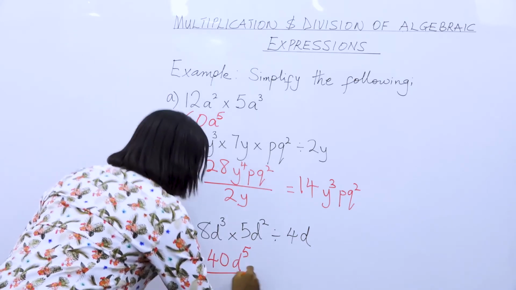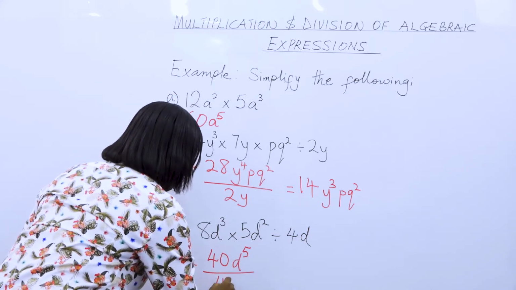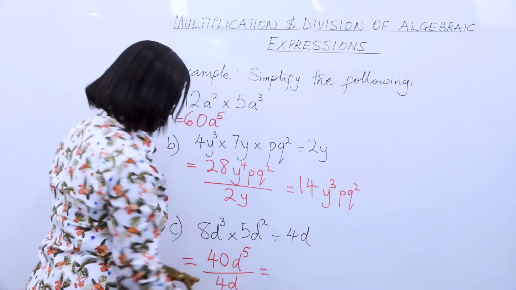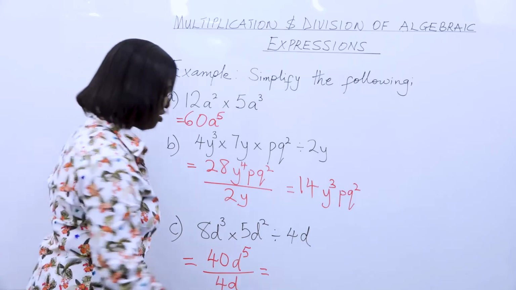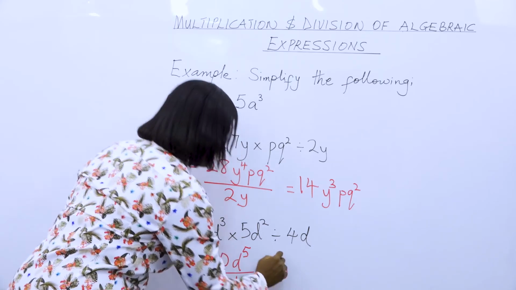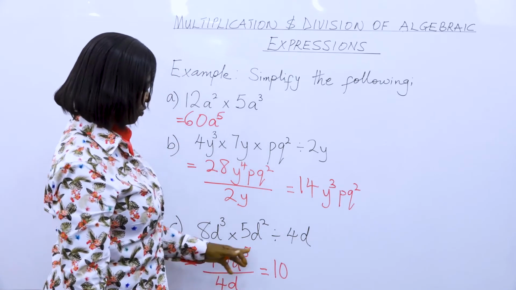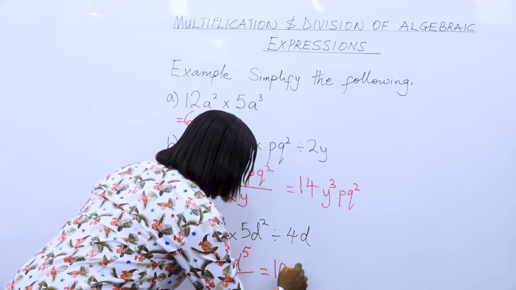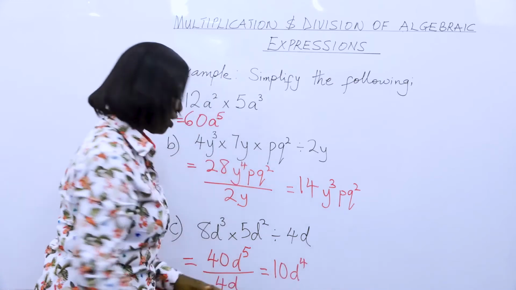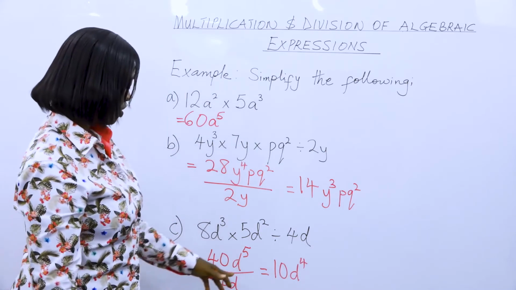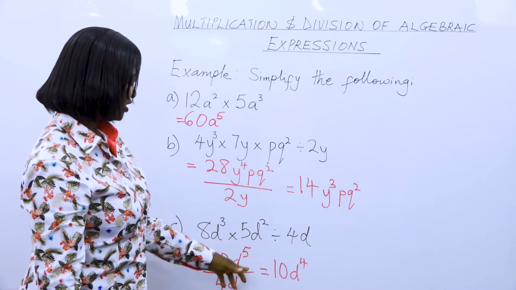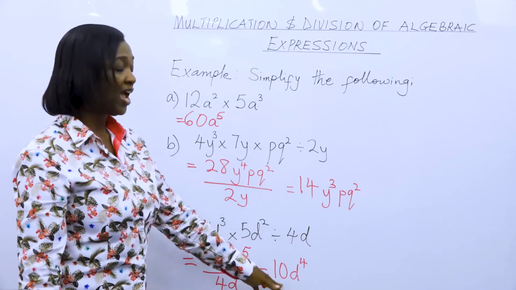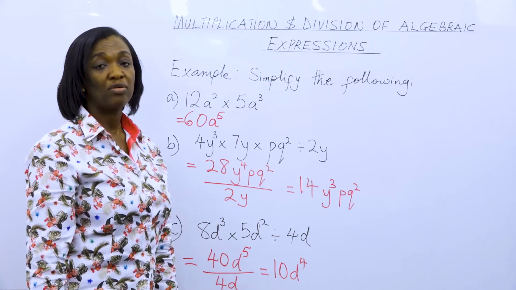And we're dividing by 4d. So the answer is 40 divided by 4 is 10. D to the power 5 divided by d would give us d to the power 4. Because what that simply means is that the d here cancels out one of the d's there. So the answer is 10d to the power 4.